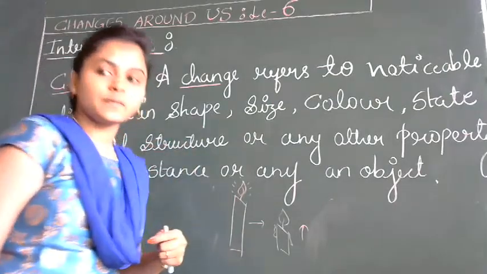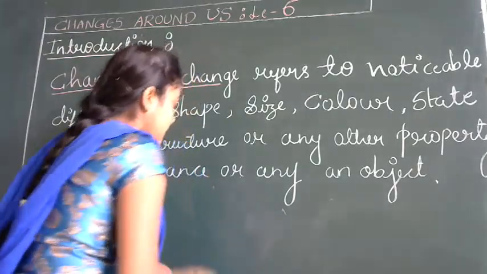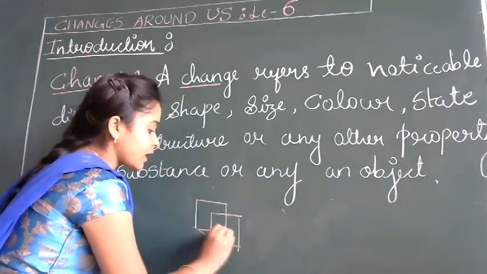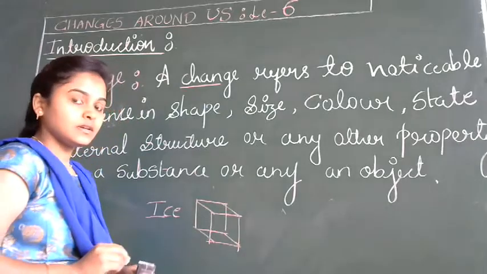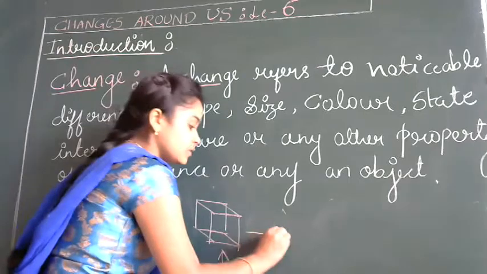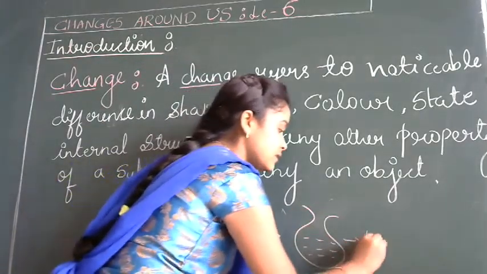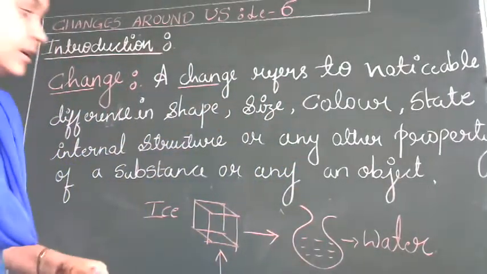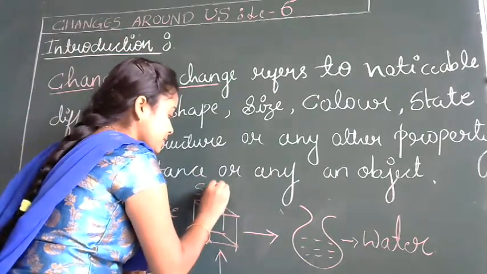What is state? State means what? For example, if I take an ice cube, right? Now when I give heat to this ice, it will convert into what? Water, right? Here, ice is in which state? It is in the solid state.